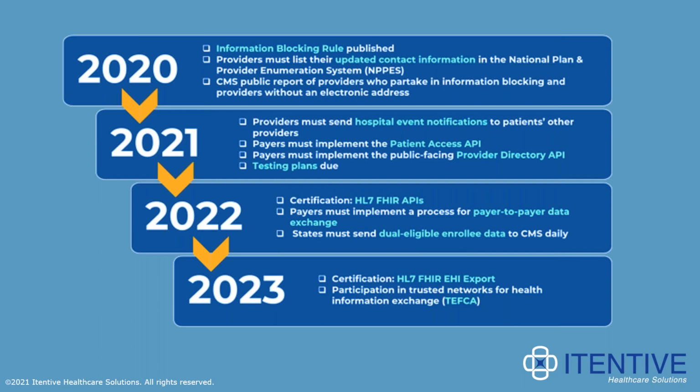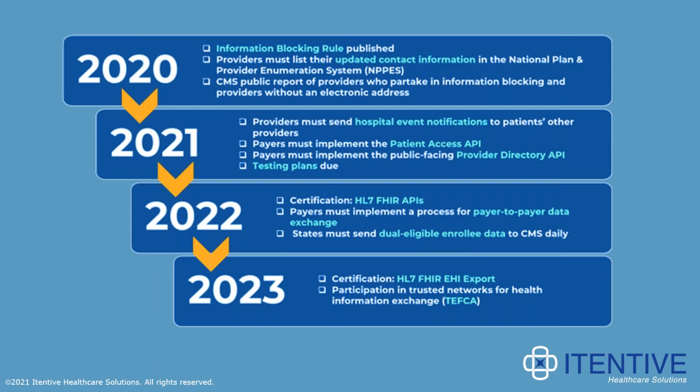So things like certification, you see HL7 FHIR APIs in 2022. You see payers have to implement a process for payer-to-payer data exchange. Some states have to send dual eligible enrollee data to CMS daily. And then in 2023, you can see that certification of HL7 FHIR EHI export and participation in the Trusted Networks for Health Information Exchange, or TEFCA, what we've seen there.